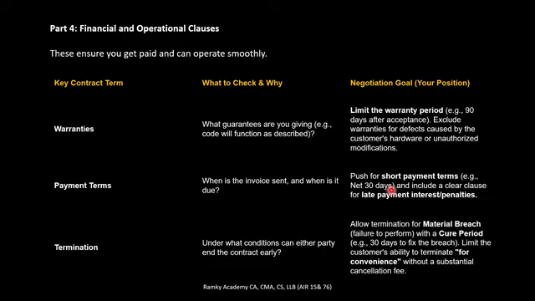This 30 days may be 60 days or 90 days based on the negotiation and requirements, and beyond that there will be interest and penalty. So termination, for example, termination for breach of material. Failure to, for example, the supplier promised something: okay, I will deliver this software and give it to you.